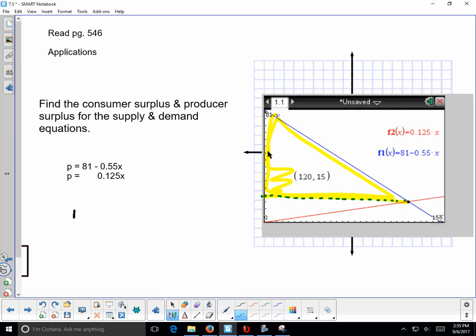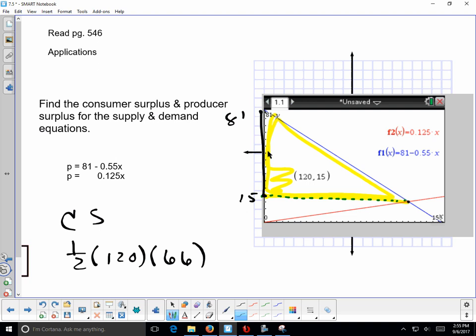So the consumer surplus is going to be 1/2 times 120 times the height of the triangle. Here it intersects at 15, and here it's 81. The difference between 15 and 81 is 66. So I'm going to multiply that.